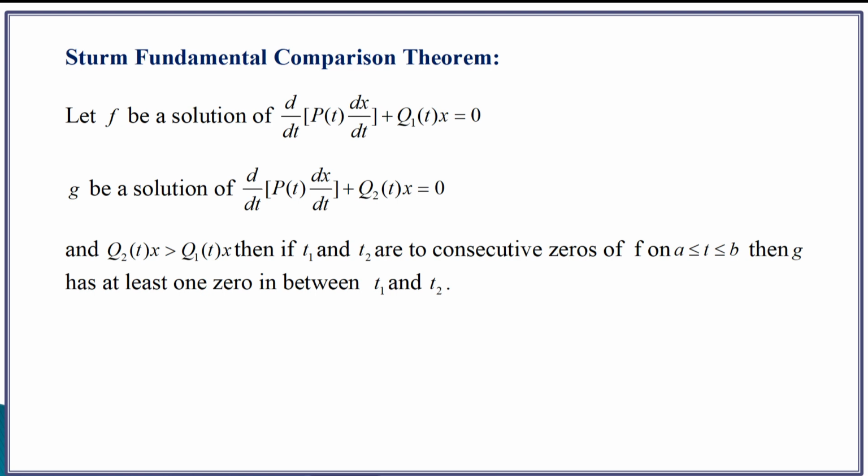Here also we can conclude that if q2 is greater than q1, then between any two consecutive zeros t1 and t2 of f, there is at least one zero of g. We are not going to prove it here, but this is also a very important result.